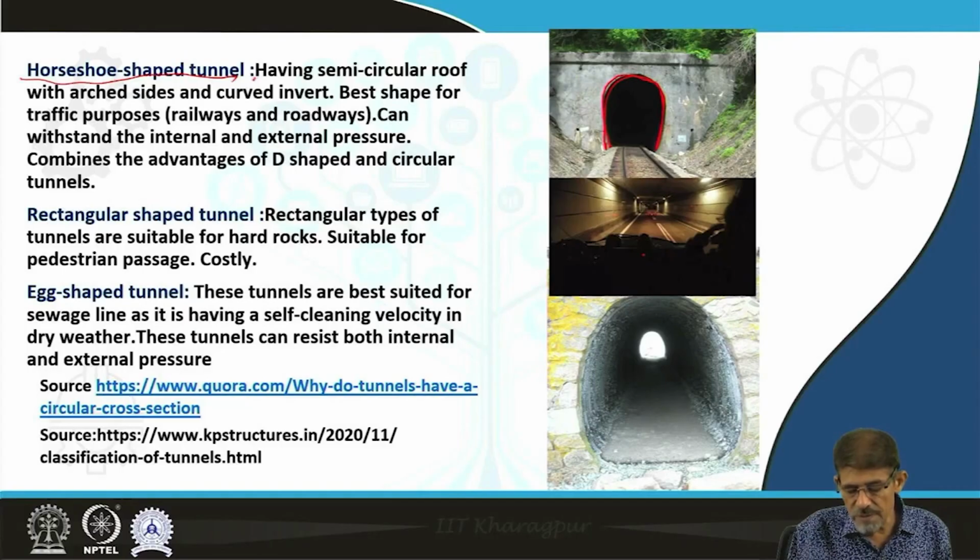This type of shape has a semicircular roof with arch sides, you can see here arch sided and curved inward. Best shape for traffic purposes, railway and roadways, and the performance concerning safety is also very suitable for such purposes like railways and roadways.